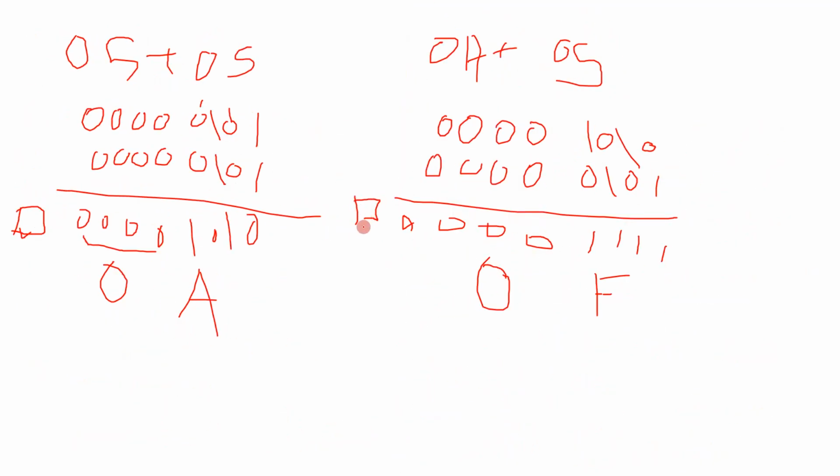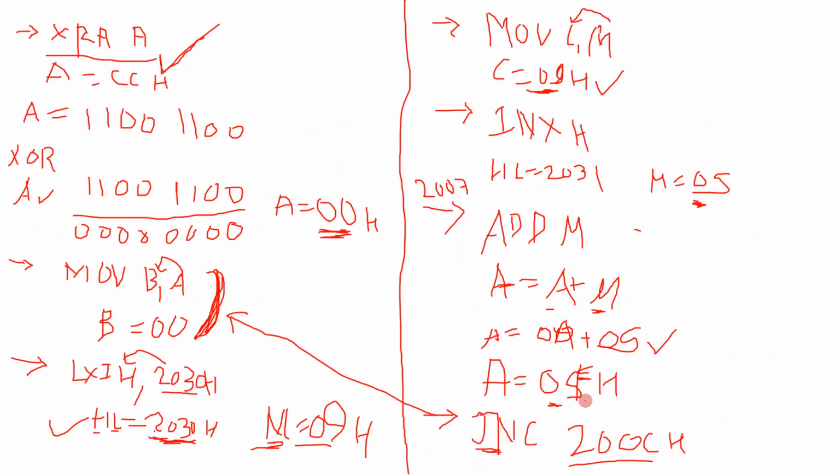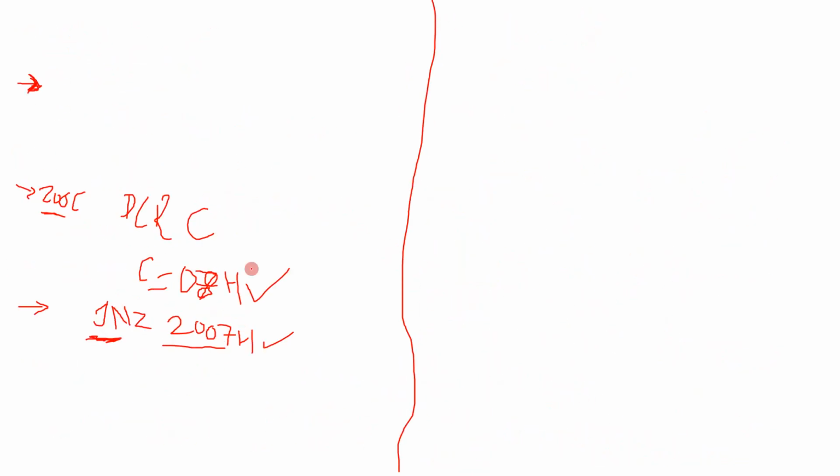No. So jump on not carry, condition satisfied. So it will jump to location 200C. Again decrement C. We are done with the third addition of 05. So C will become 06.